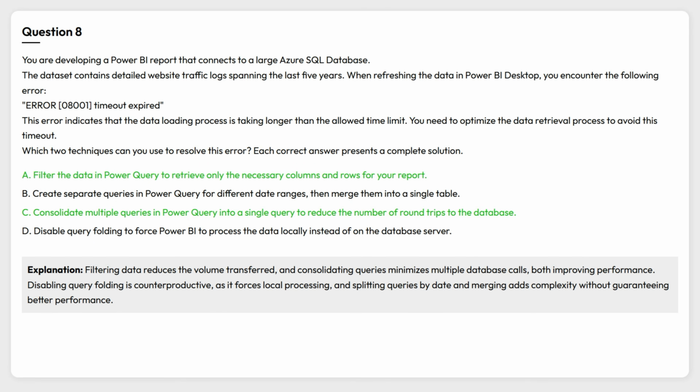Filtering data reduces the volume transferred, and consolidating queries minimizes multiple database calls, both improving performance. Disabling query folding is counterproductive as it forces local processing, and splitting queries by date and merging add complexity without guaranteeing better performance.